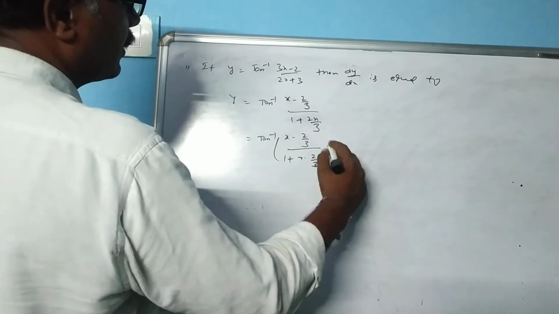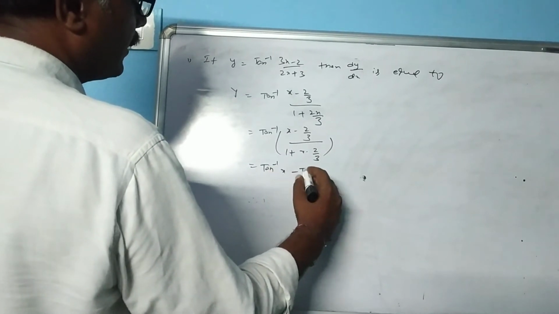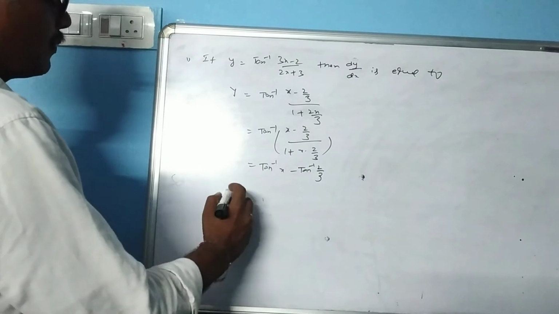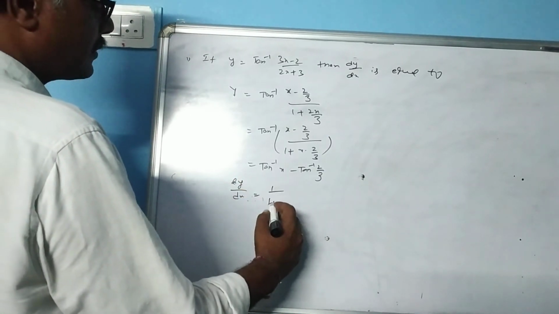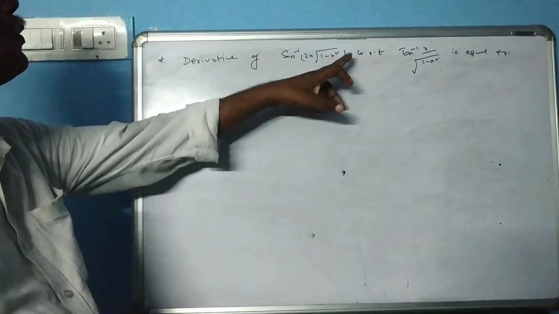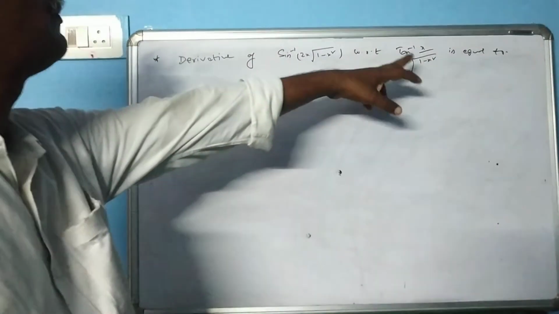This is of the form tan^(-1)(x) - tan^(-1)(2/3). Now the derivative of tan^(-1)(x) is 1/(1 + x^2).